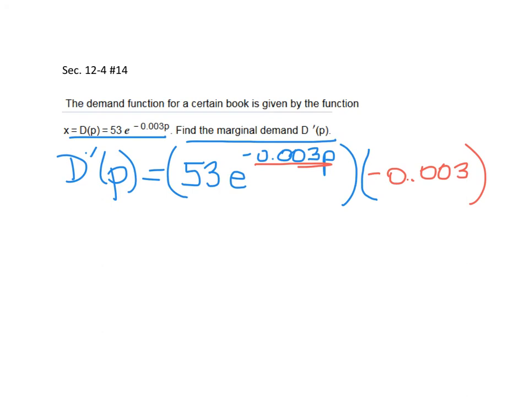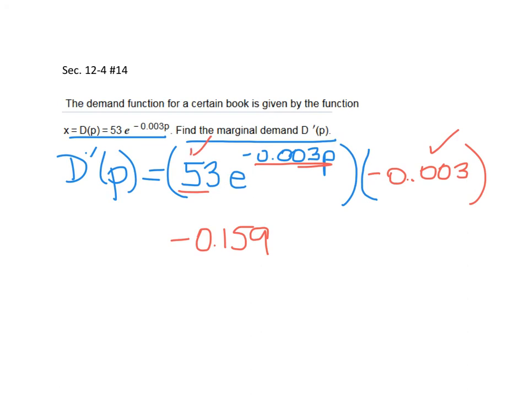So using the calculator, I'm going to multiply negative 0.003 times the 53 and get negative 0.159. So that's the product of the negative 0.003 and the 53.